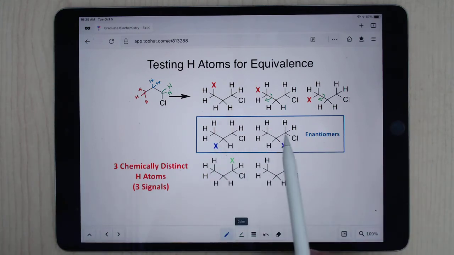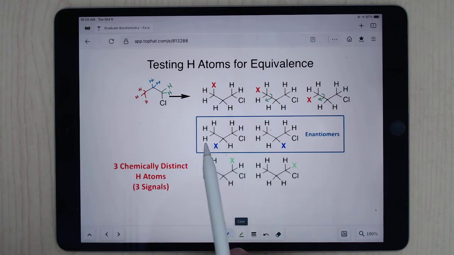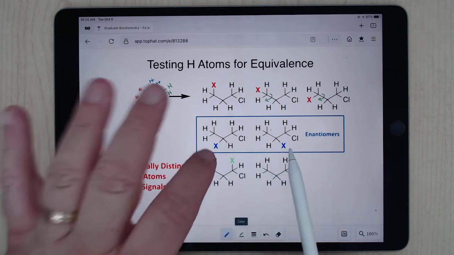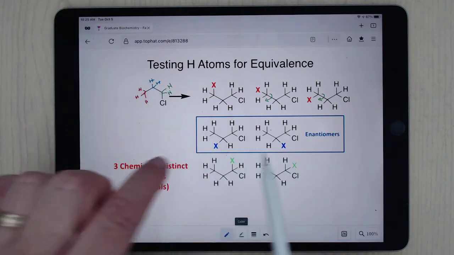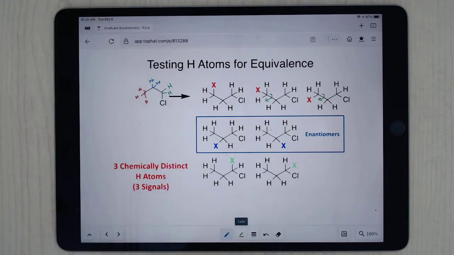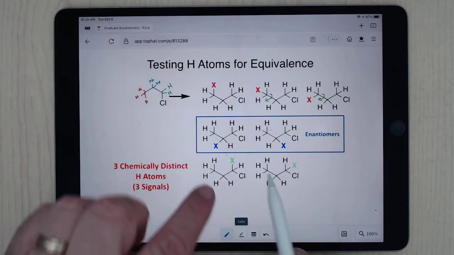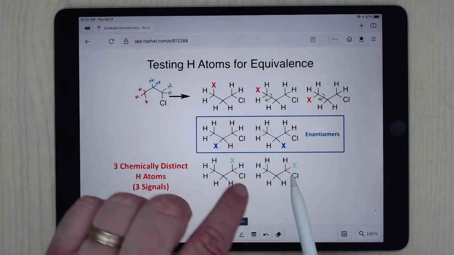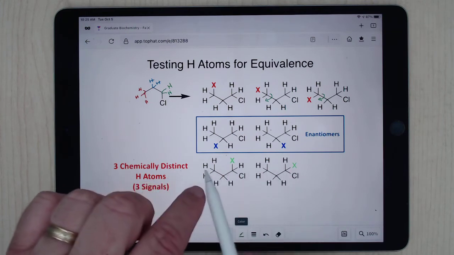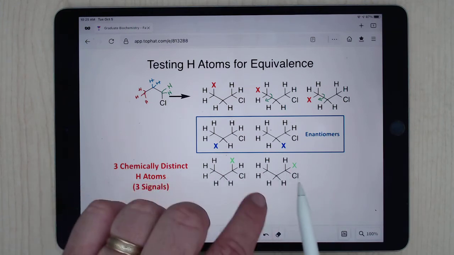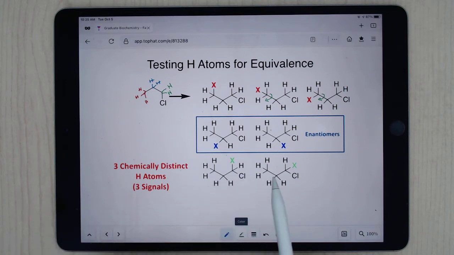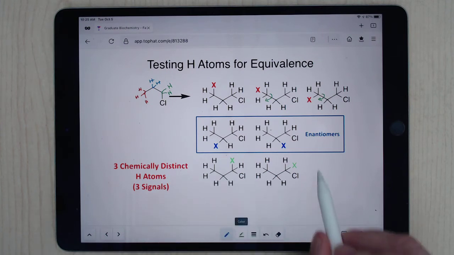And so, since the relationship is that they're enantiomers, that means that these 2 hydrogens here, in the blue, up here, are equivalent. The ones in the green here, actually these are also equivalent, because the relationship between these 2 molecules, with the green X's, is also enantiomers.